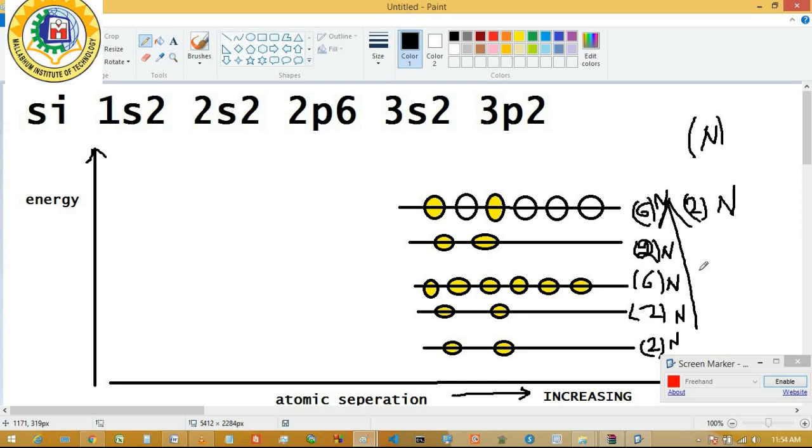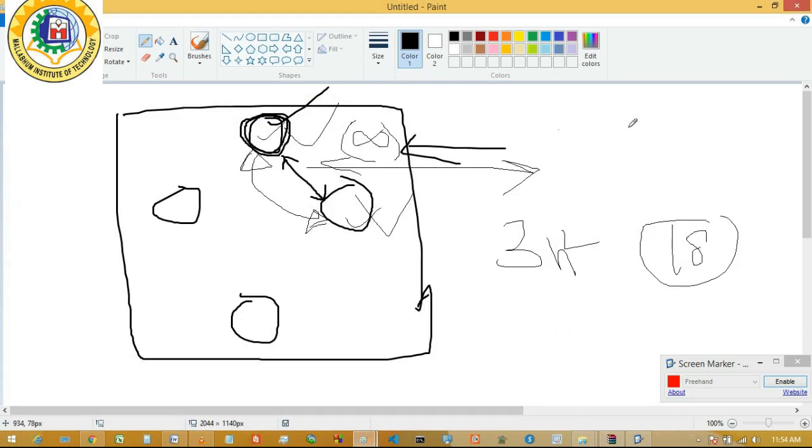But if you look closely in view of Pauli's exclusion principle, I have plotted this for simplicity: for any single energy level, suppose this is your 1s state, we are plotting 2 electrons at the same energy state, but that is not true. Pauli's exclusion principle states that no 2 electrons can have the same energy.